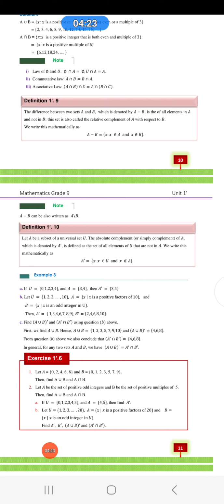The absolute complement, or simply the complement of A, which is denoted by A prime, is defined as the set of all elements of the universal set that are not in A. We write this mathematically: A prime is defined as the set of all elements of the universal set that are not in A.